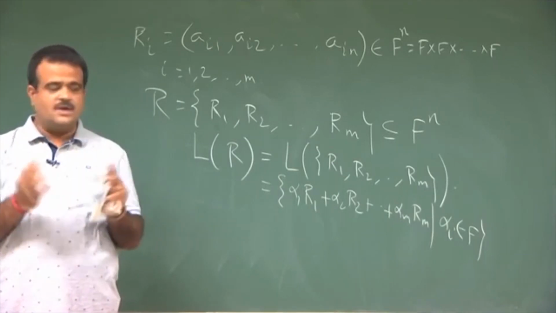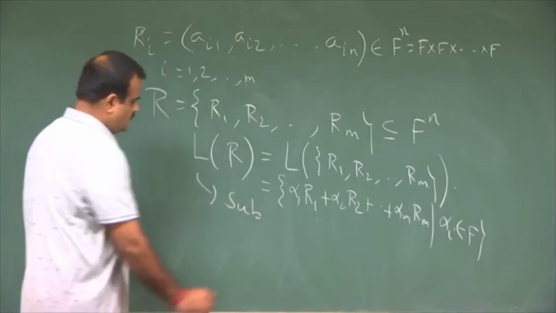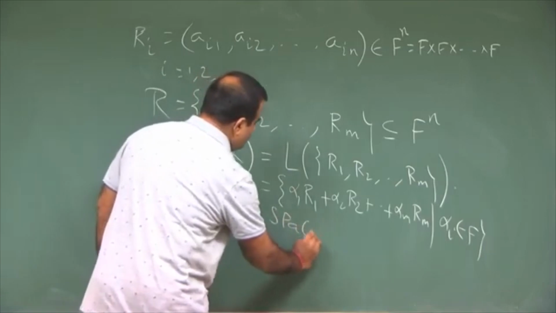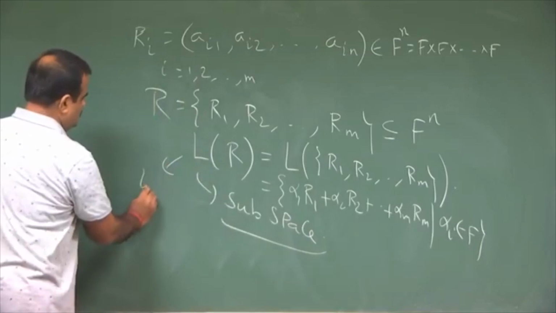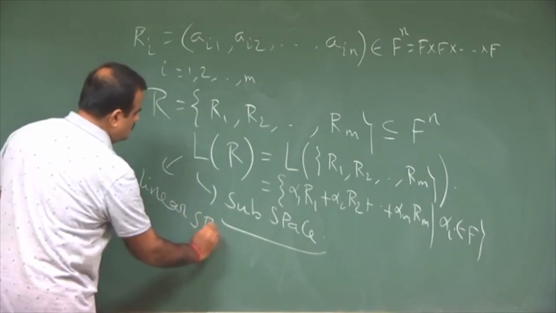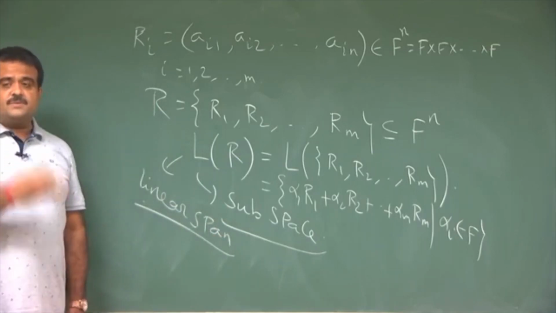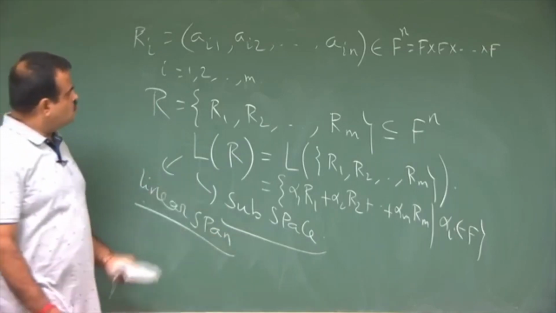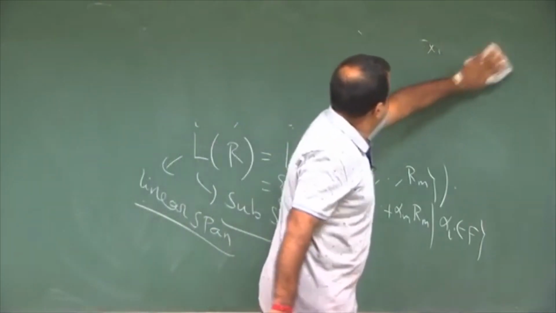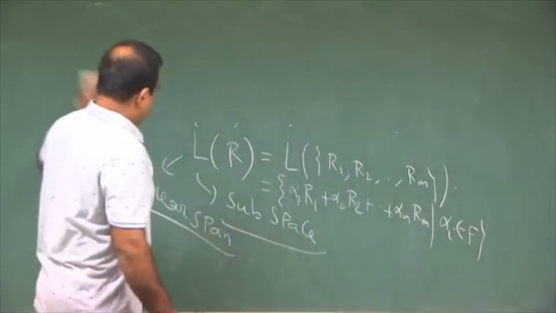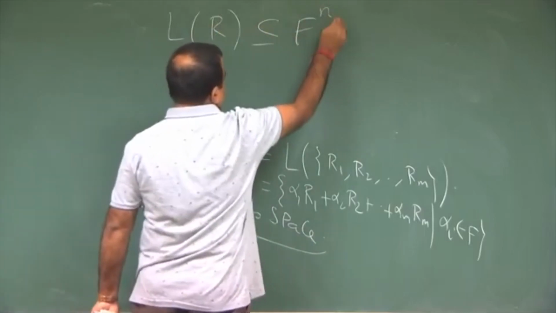This is a subspace, and we know this will again form a vector space. This is called the linear span. We can prove that it is a subspace. It is a subset of F to the power n.